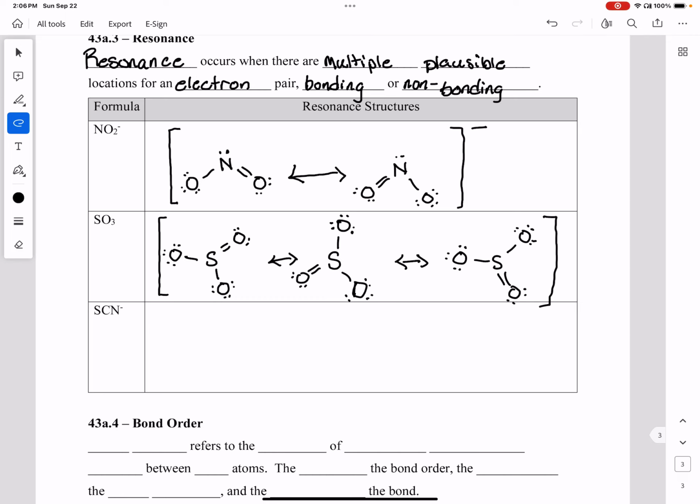Now, these two examples only showed a difference in bonding pairs. Let's look at an option where you have some non-bonding pairs, and that is our thiocyanate ion. Oh no, pardon me, I have to erase this. Carbon is in the middle.